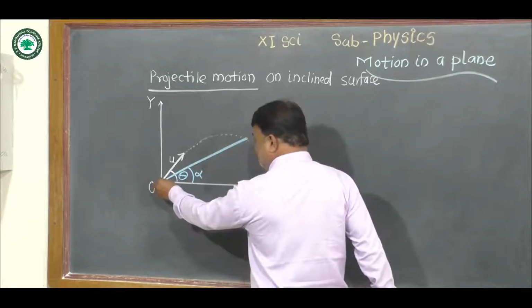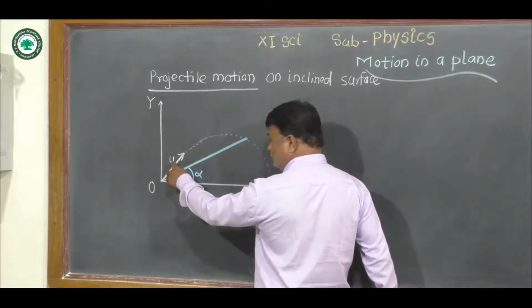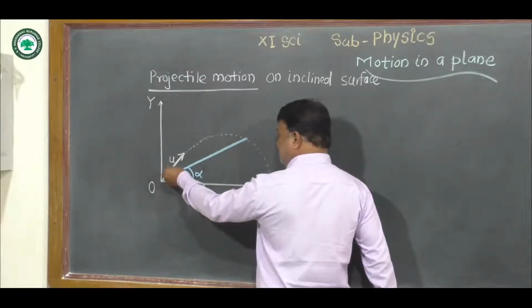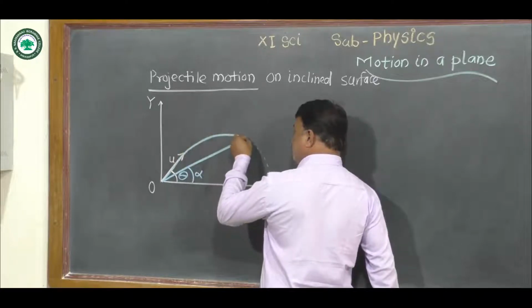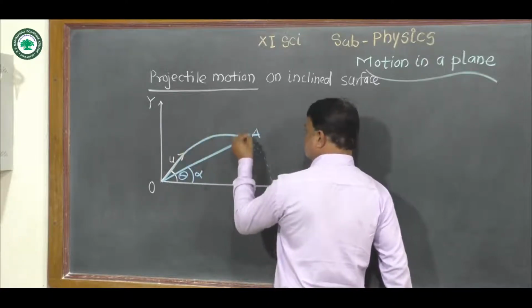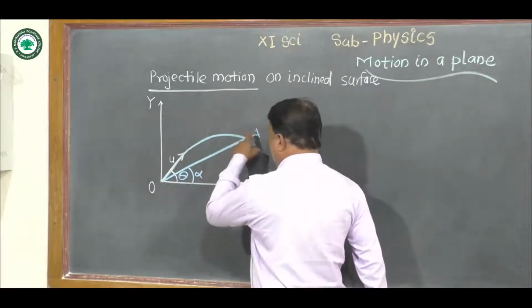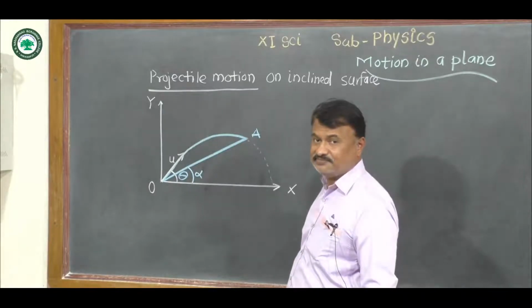Now, when this body is projected with initial velocity say u, then after some time this body reaches point A. This distance OA is the range of projectile in this case.